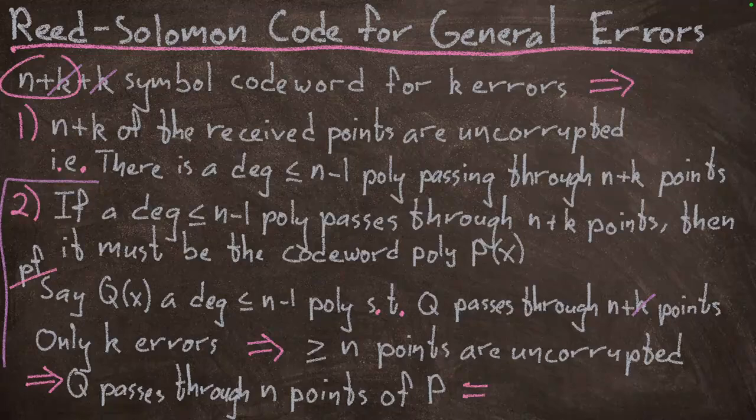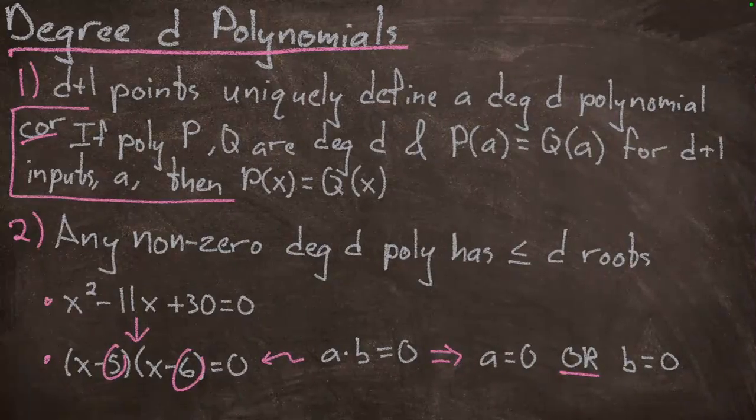And that means q of x must be equal to p of x. Why? Because of our bread and butter slide here. This is what that corollary says: if two polynomials agree too much, they have to agree everywhere. So if q agrees with p on n points, that's too many points. P and q must be the same polynomial. It's uniquely defined by n points.